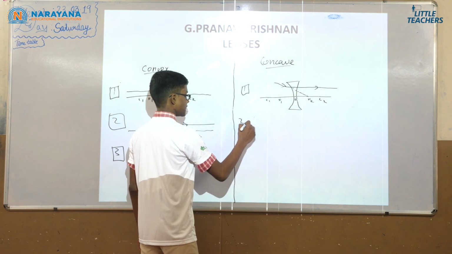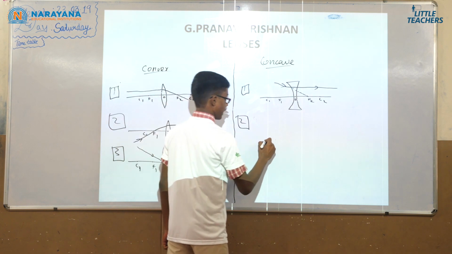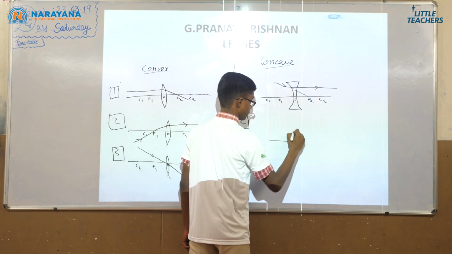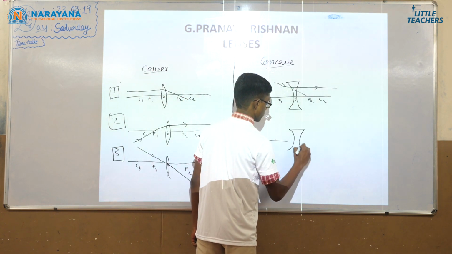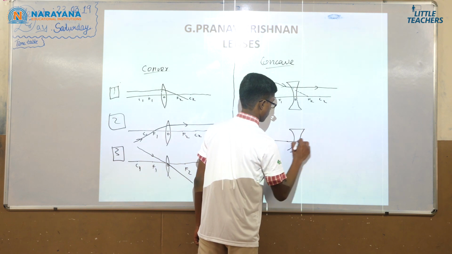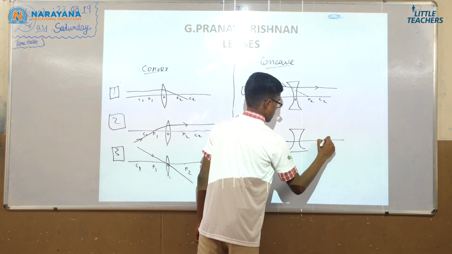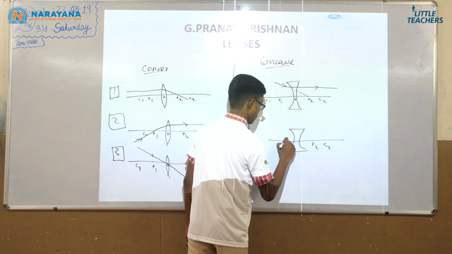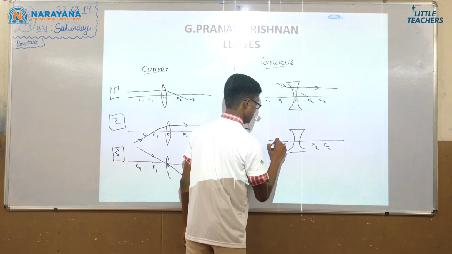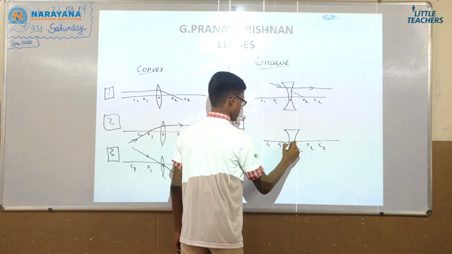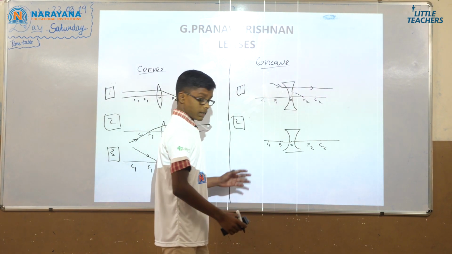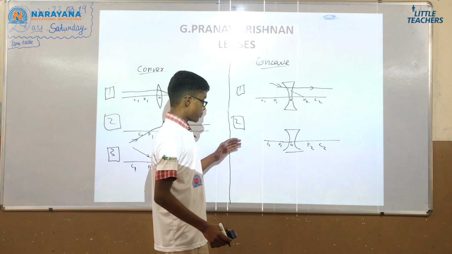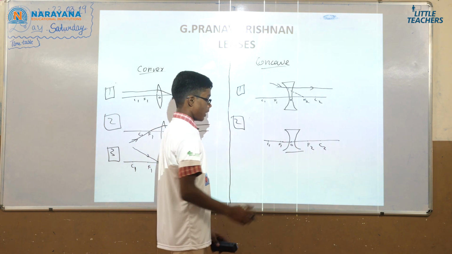Now let's go to the second type of light ray which is incident. Center of curvature 2, focus 2, focus 1, and center of curvature 1 and the optical center. Now consider a light ray going parallel and getting incident on the lens.